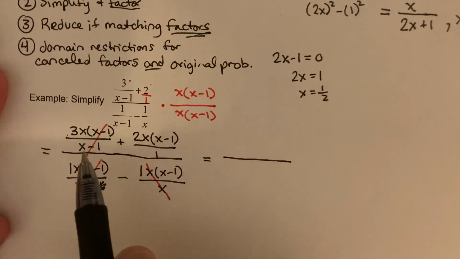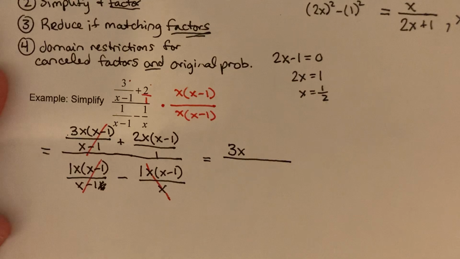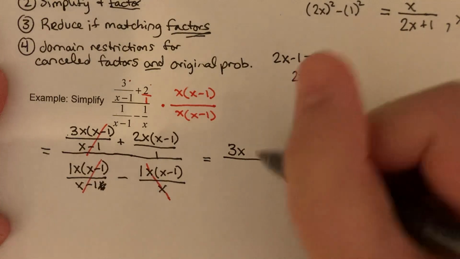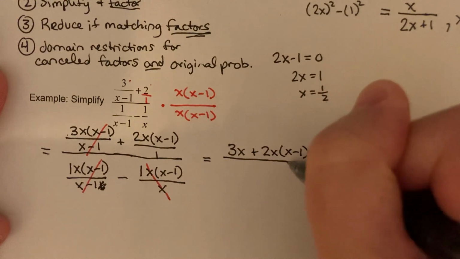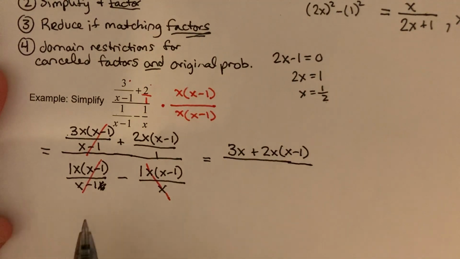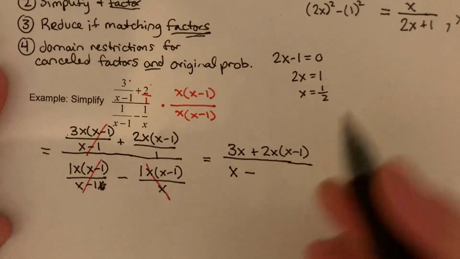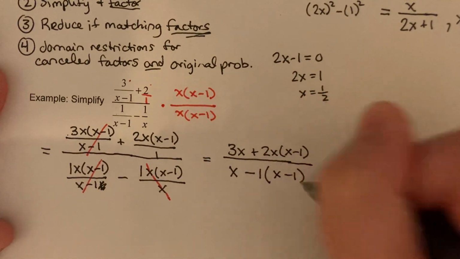So here the x minus 1's went away, or divided to 1. So we're left with 3x. Here, dividing by 1 doesn't do anything. So we just have plus 2x times x minus 1. On the bottom, 1 times x, well, that's just x, minus, and I'm going to leave this 1 here because I'm going to have to distribute this minus sign to the parentheses.